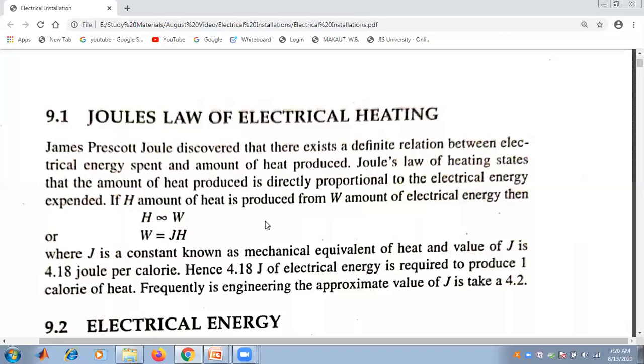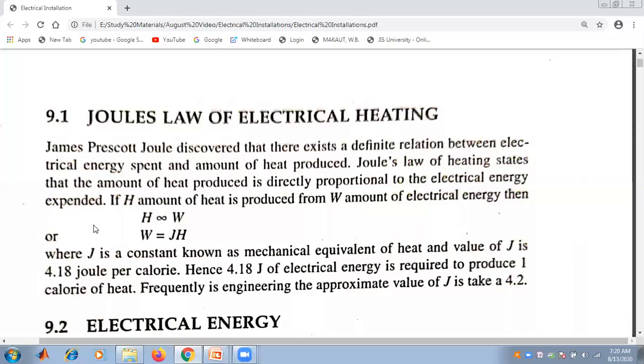Joule's law of heating states that the amount of heat produced is directly proportional to the electrical energy expended.